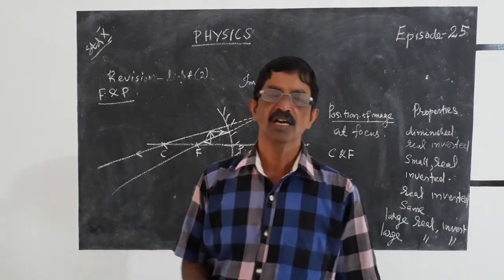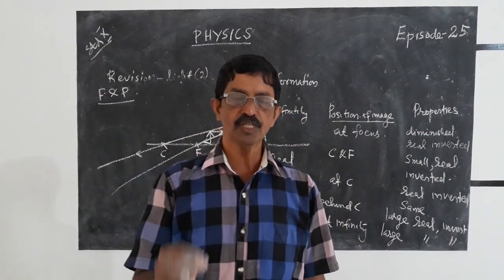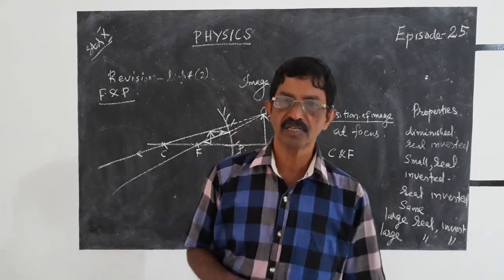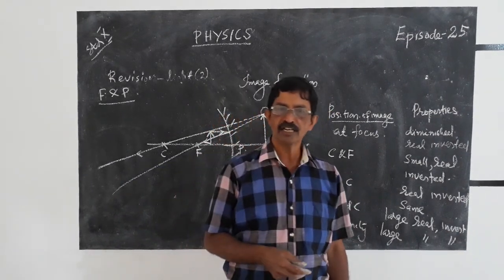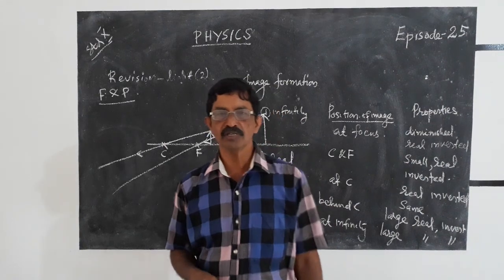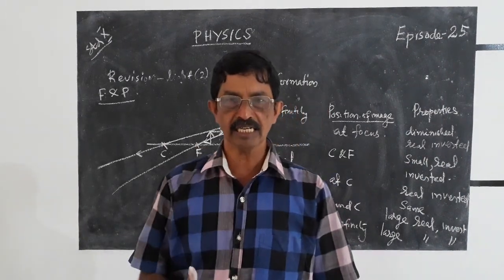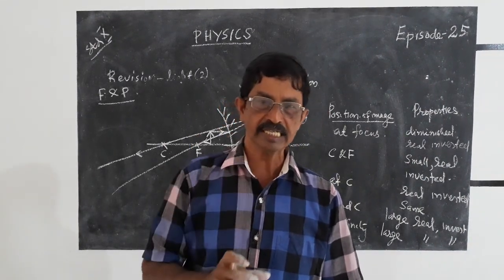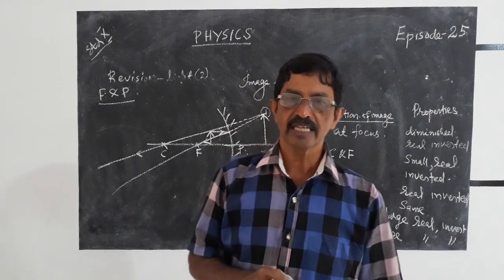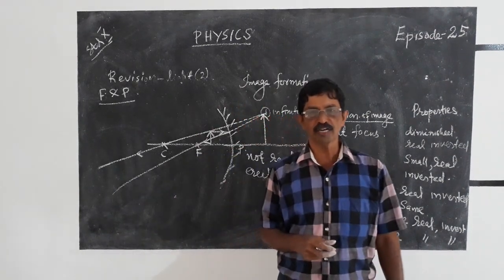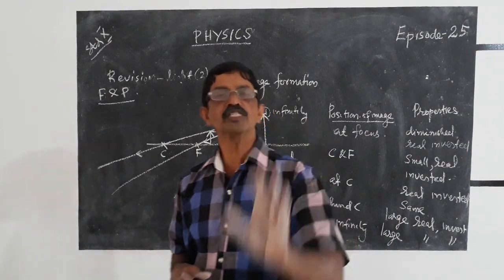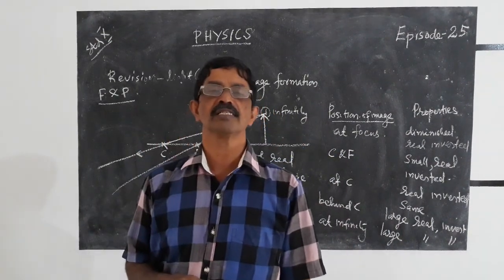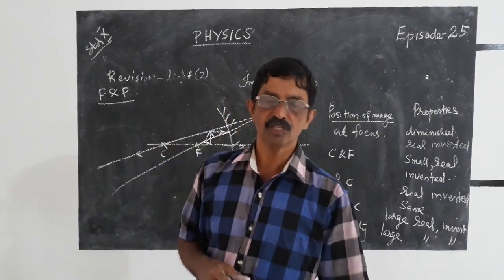Which are they? Try to remember. It is used by a dentist or dental doctor to view the teeth in large size. Then another one is a large concave mirror used to reflect sunlight to produce heat.